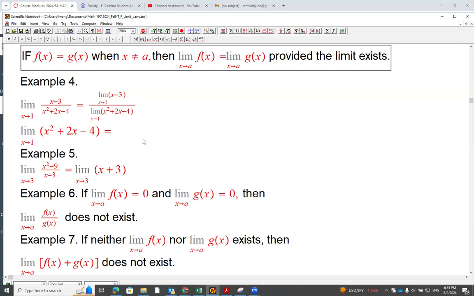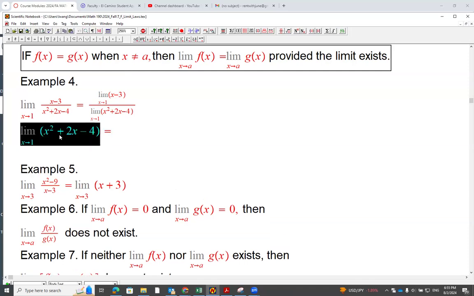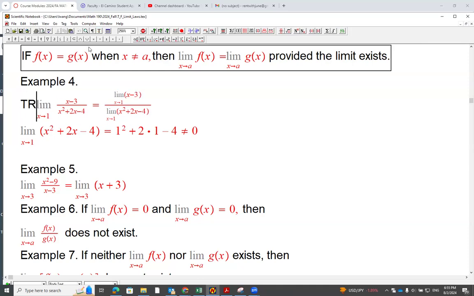It's a direct substitution because we have a polynomial here. So we just directly substitute. This is going to be 1, and it's not 0, because it's 1 plus 2 minus 4. This is not 0. You don't have to even worry about exactly what value it equals. So in this case, yes, this is true.